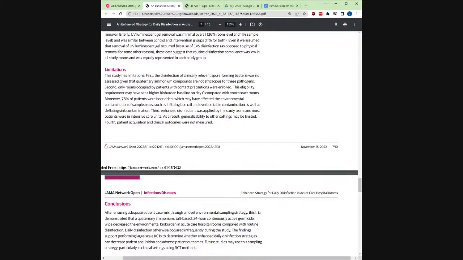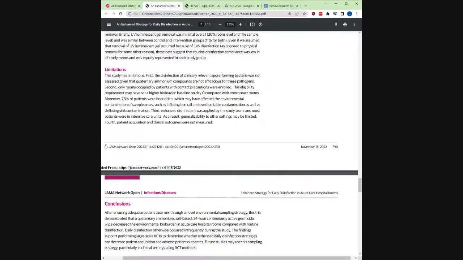That's generalizability. When we think about randomized controlled trial, the first step is understand how effective it is. Okay, A versus B. Oh, okay, yes, we see one is better than the other. Then we want to see whether this result can be applied to all different settings. What do you mean by setting? Okay, so this is done in ICU in a specific group with contact precaution.